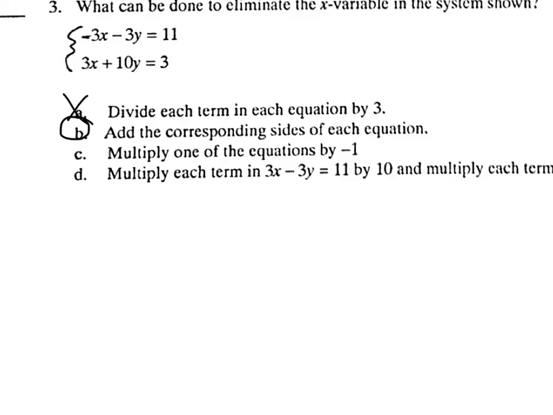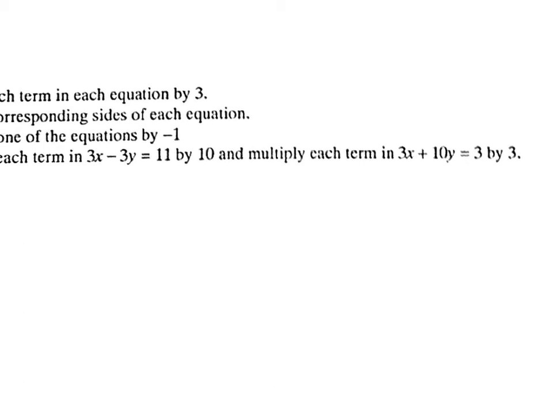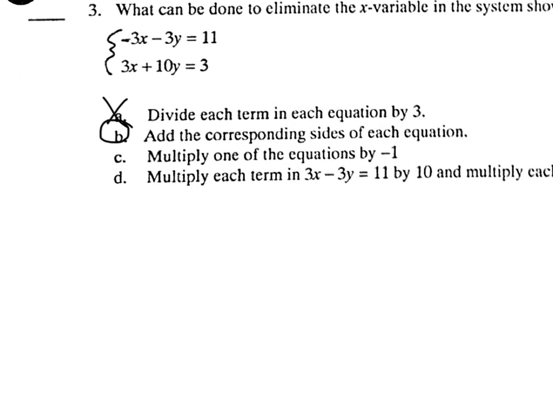Well, we only need to do that if they had both been a positive 3x. And then in D, it says to multiply each term in 3x minus 3y equals 11 by 10, and multiply each term in the second equation by 3. Well, we haven't talked about multiplying by anything other than negative 1, which is our adding the opposite. So that does mean B is the correct answer.